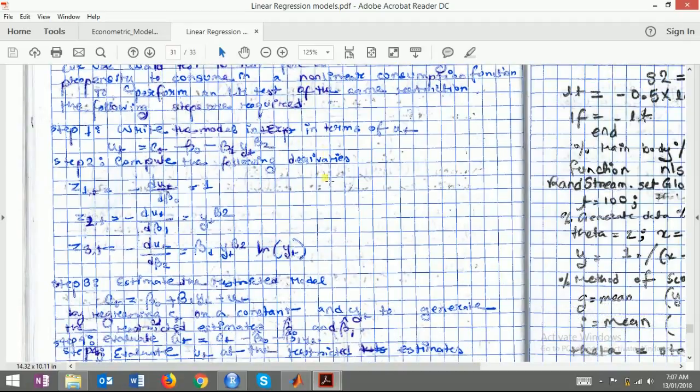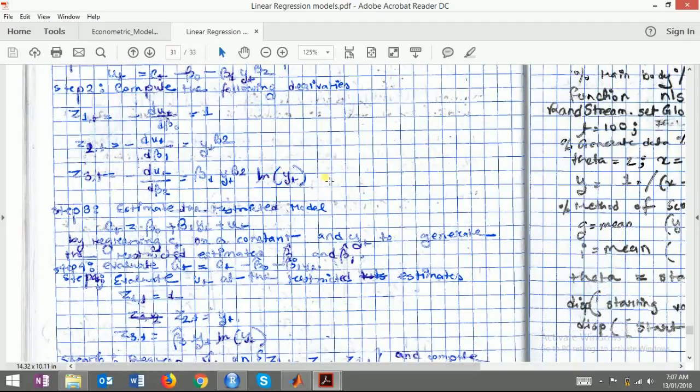Step 3, estimate the restricted model by regressing C_T on a constant and Y_T to generate the restricted estimates of beta naught and beta 1. Evaluate U_T equals C_T minus beta naught minus beta 1 Y_T.